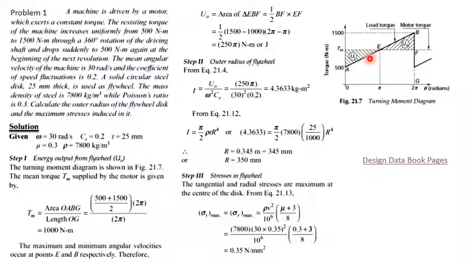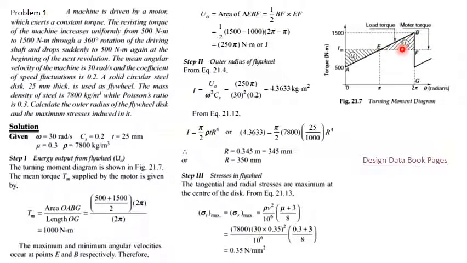So we can say that the system will have maximum velocity at point E and the minimum velocity at point B. So the maximum fluctuation of energy U naught can be measured as the area of the triangle EFB.